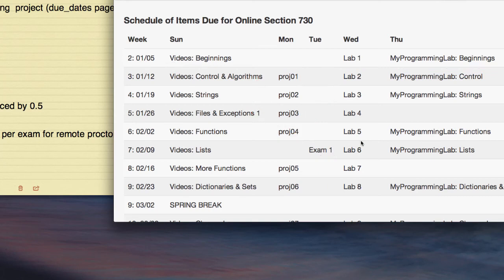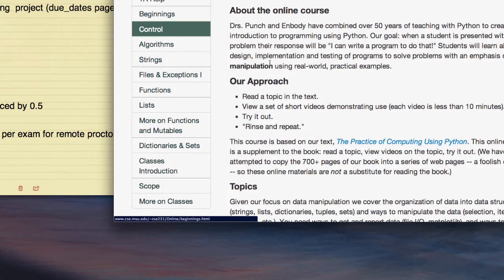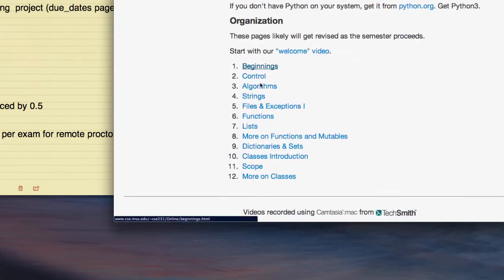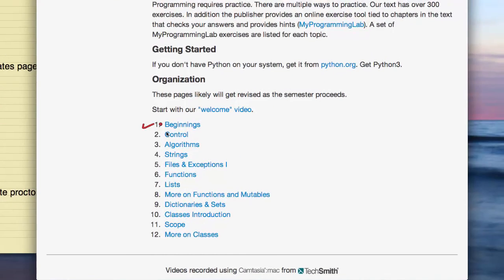Each one of these shows up as, so you could see, where do we start with? There are beginnings, right?